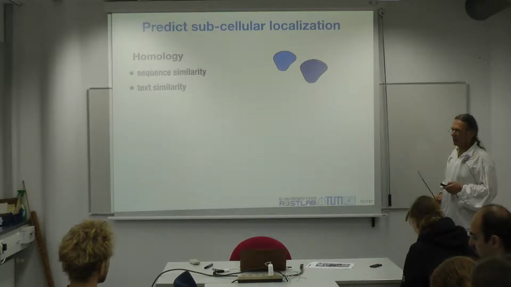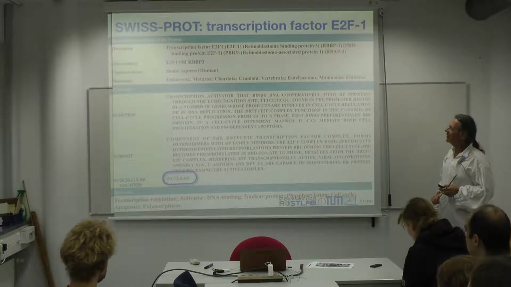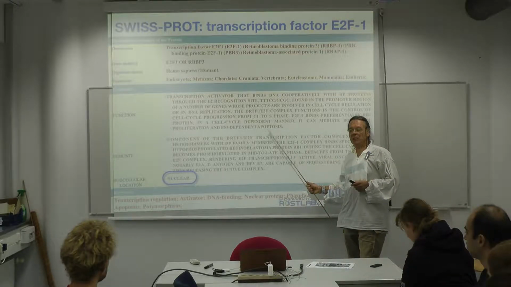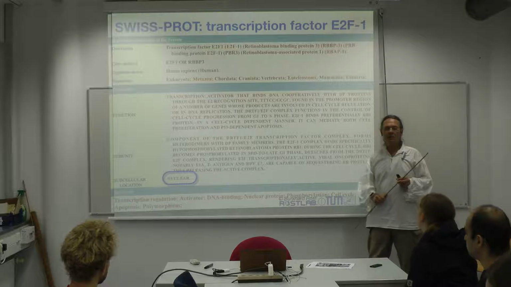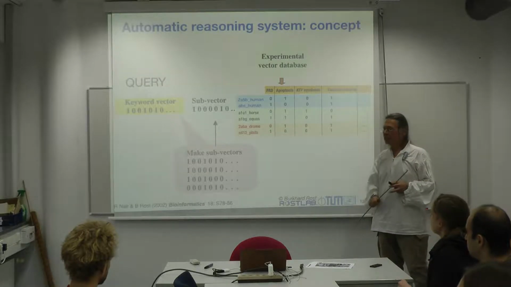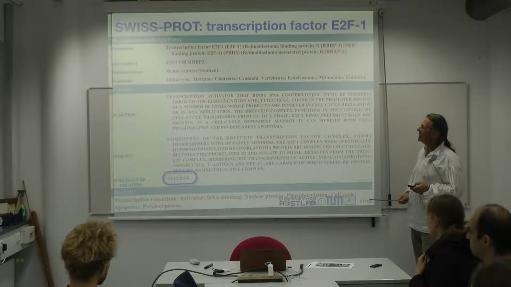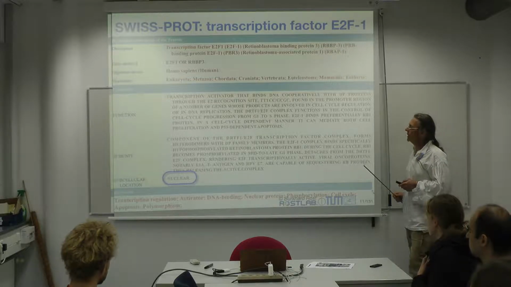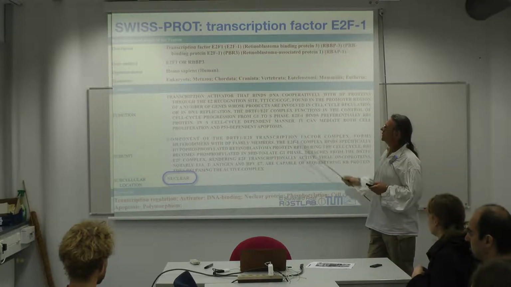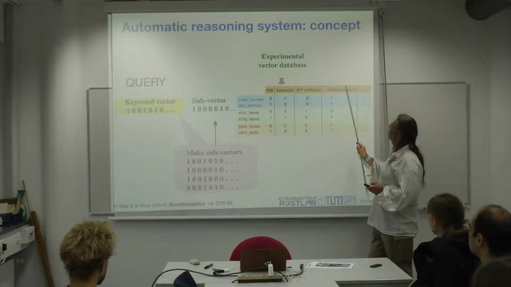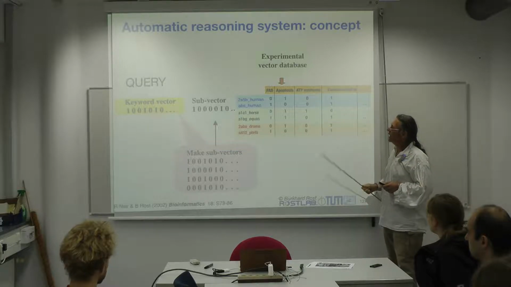There was this brief presentation of text similarity, the case where I do have some functional descriptors available for my protein. Although I do not have the descriptor for subcellular localization, I can simply grind up all these keywords into a database, the meaningful, for this classification problem, meaningful keywords as a vector written here, of which I see 1, 2, 3, 4 components, and so there are many hundreds of them.